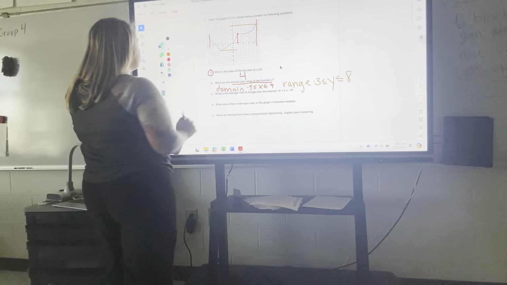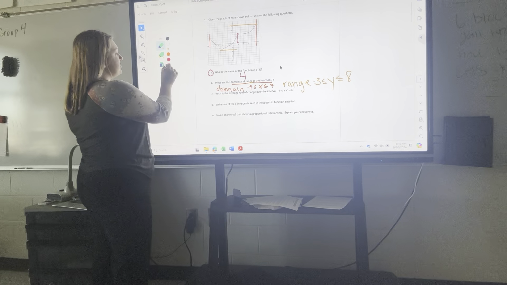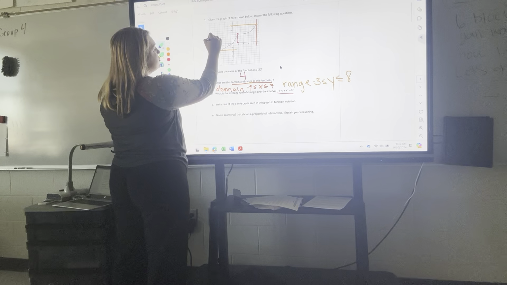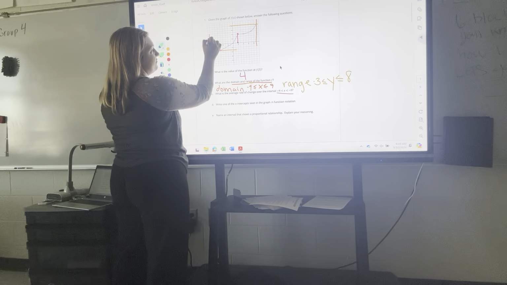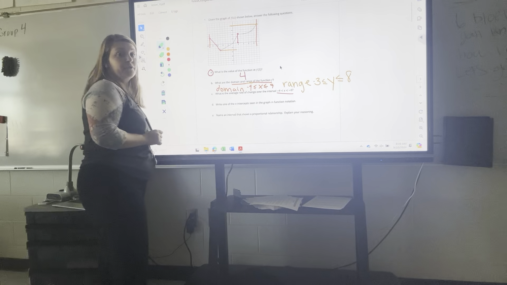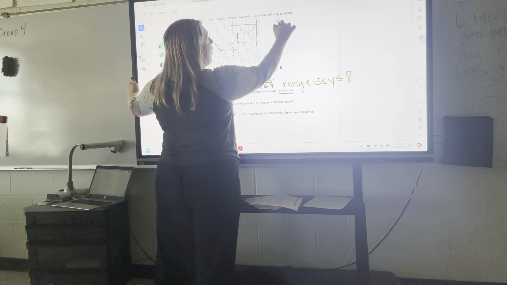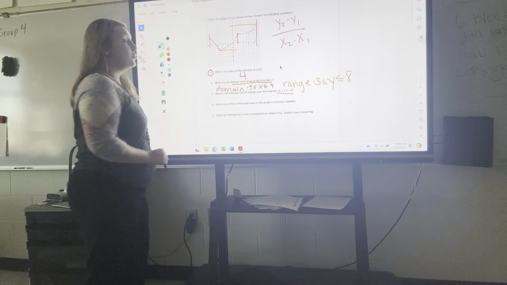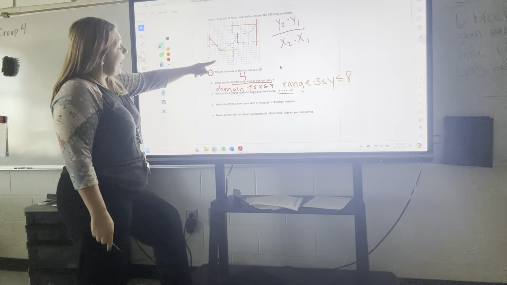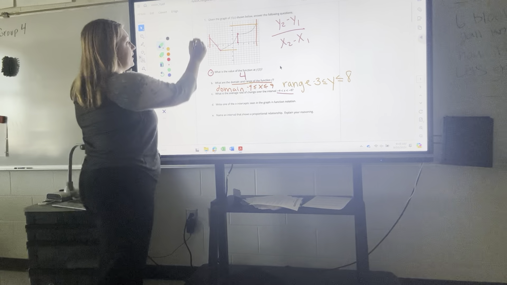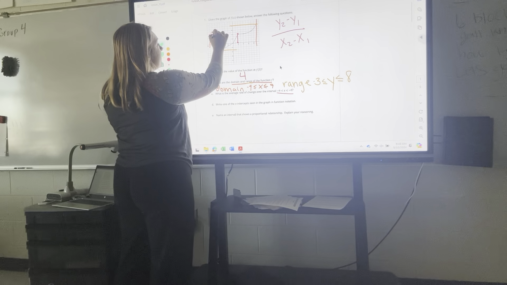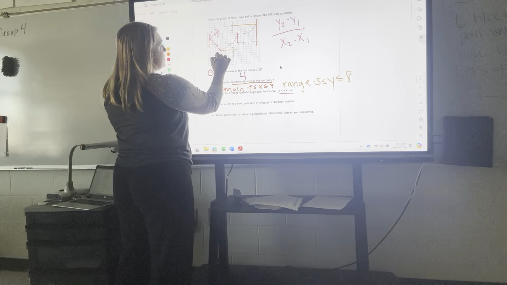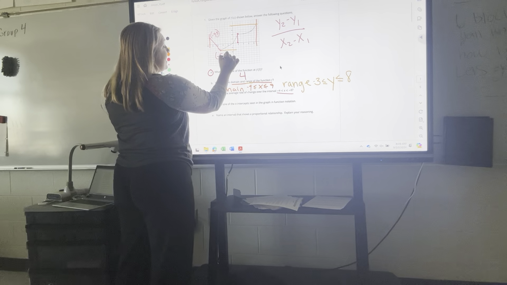So now we have the average rate of change. We're going to look at the average rate of change from the interval -9 to -5, so when x equals -9 to when x equals -5. We're going to look at this line right here and find the rate of change, using y2 minus y1 over x2 minus x1. We get this point right here, which would be (-9, 3), and this point right here, which would be (-5, -3).